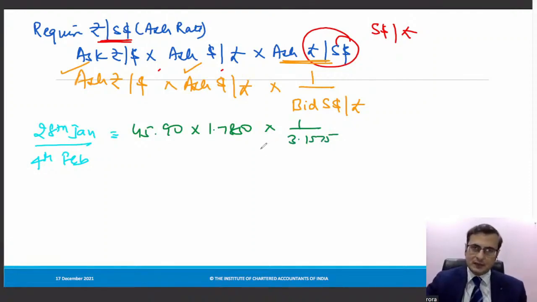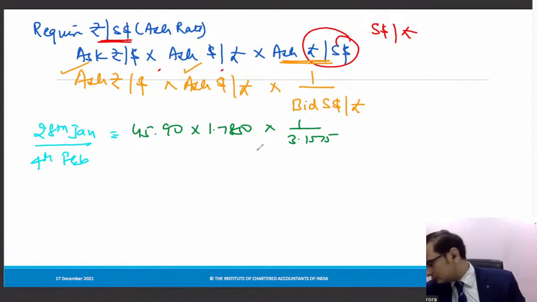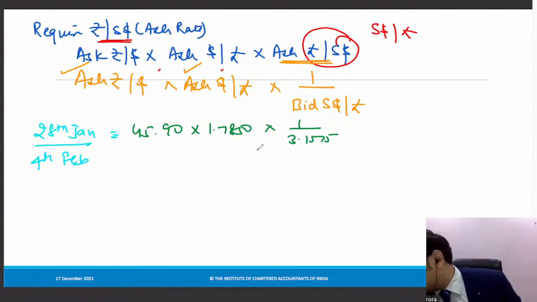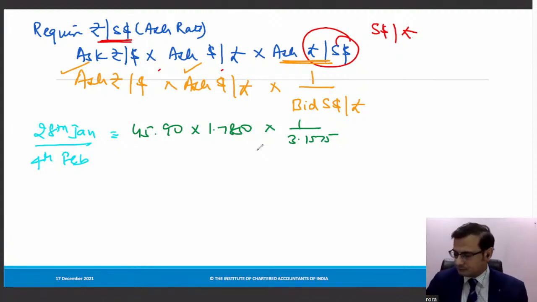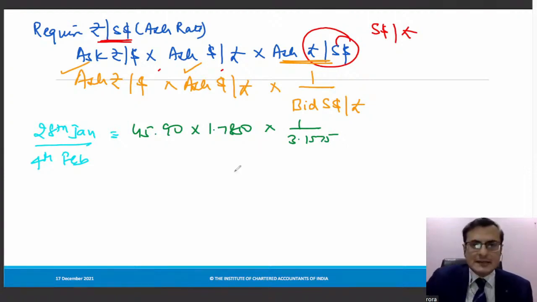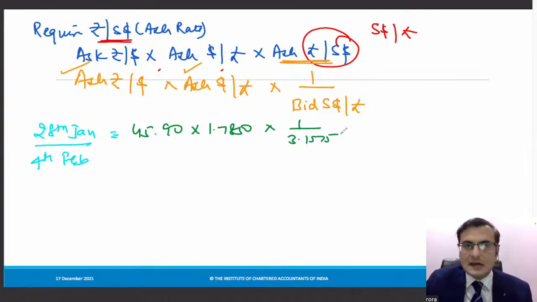Clear? So these are the rates for 28th January.